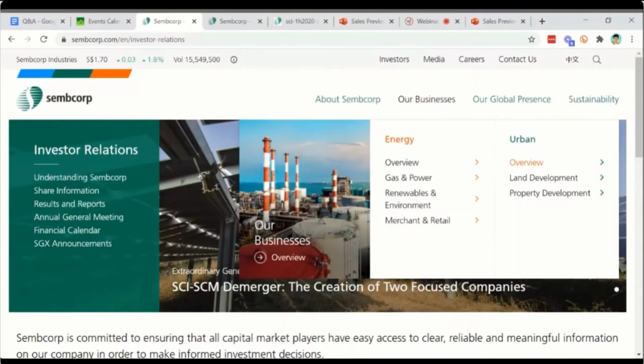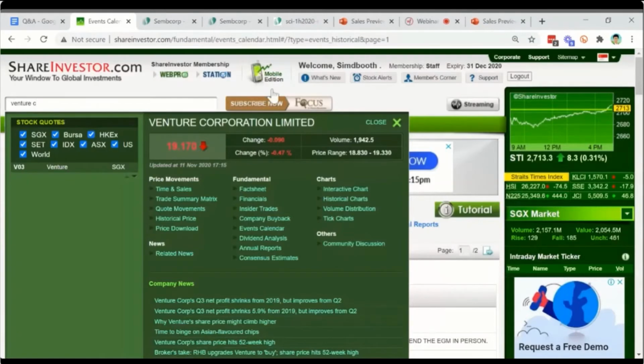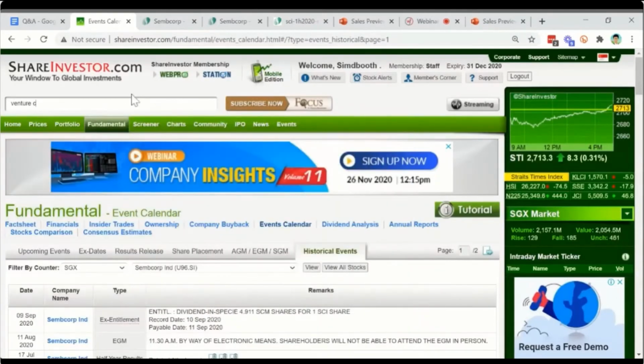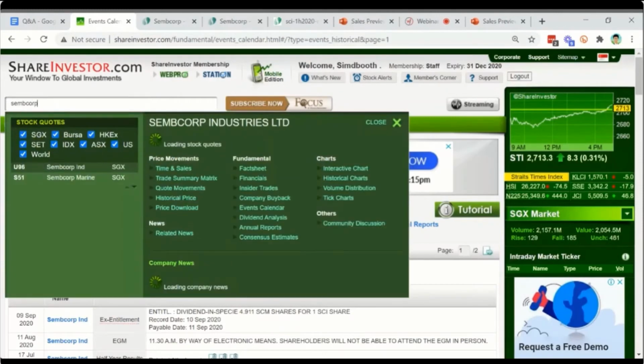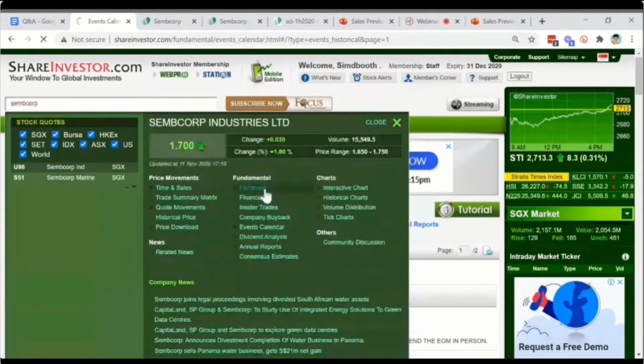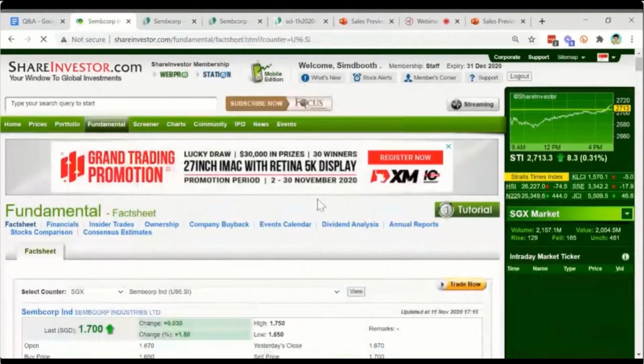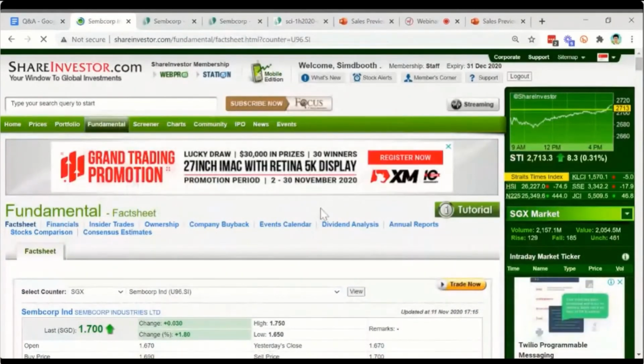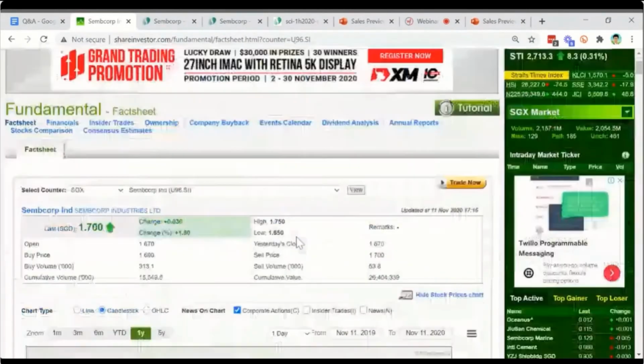Now, if you were to go to shareinvestor.com, maybe let me just go to Sembcorp. Let's say you want to analyze a new stock and you have no idea how to go about doing that, you can actually go to the fact sheet first and just search for the company.